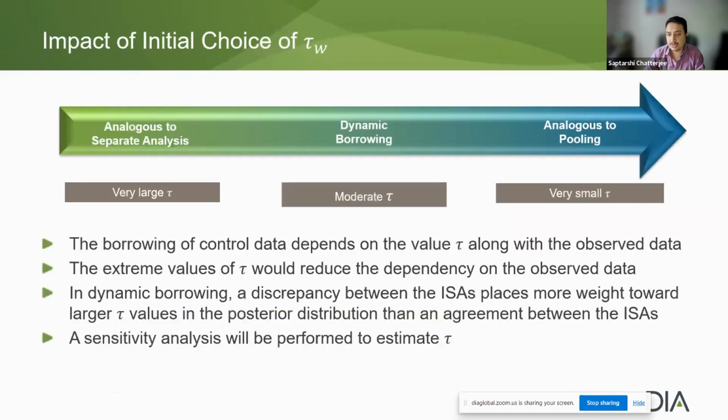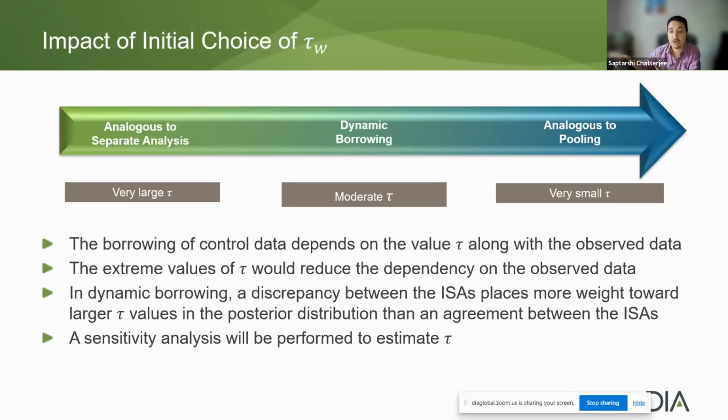If we look at the impact of tau, sorry, there is a typo here, it should be tau. At one extreme, when tau is very large, it means we have very large variance, or we are very flexible in the two placebo means. That corresponds to a separate analysis without any borrowing.